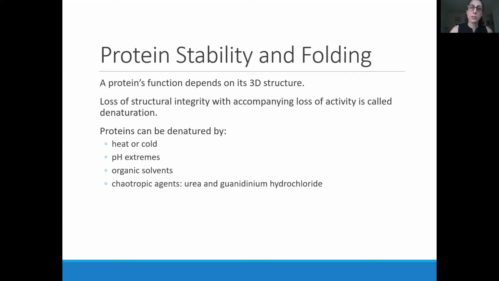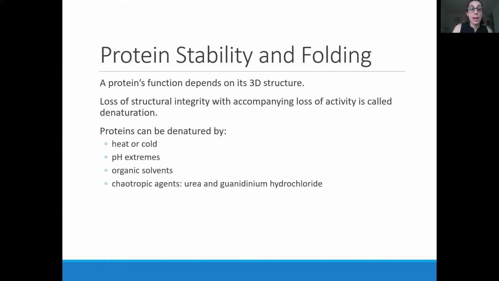So moving on to talk about folding and protein stability in general, now that we have looked at the classification of its 3D structure. Remember that a protein's function, its ability to do its job, is reliant on this 3D structure we have just discussed. So any loss of structural integrity will accompany a loss of activity.